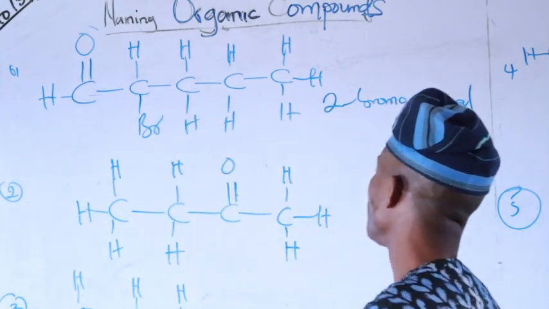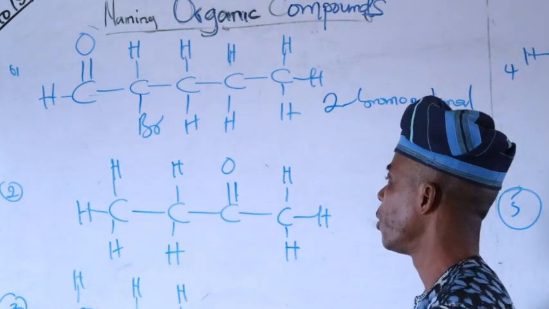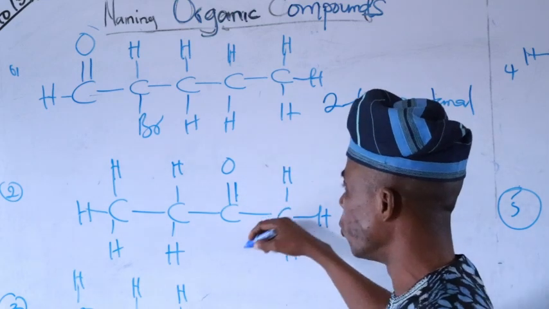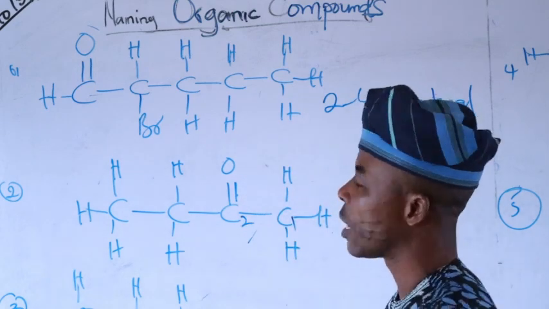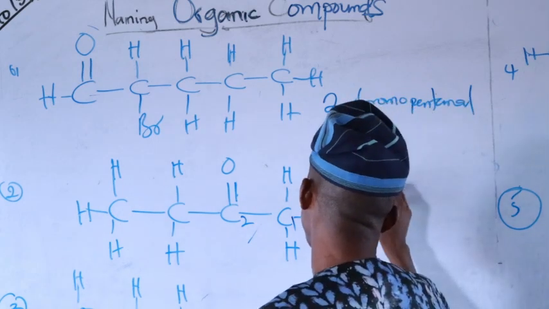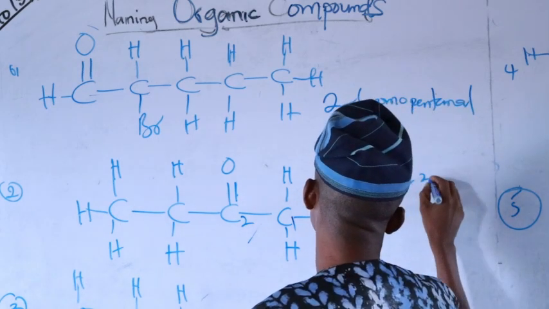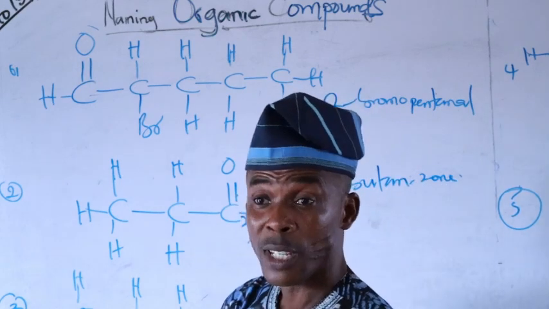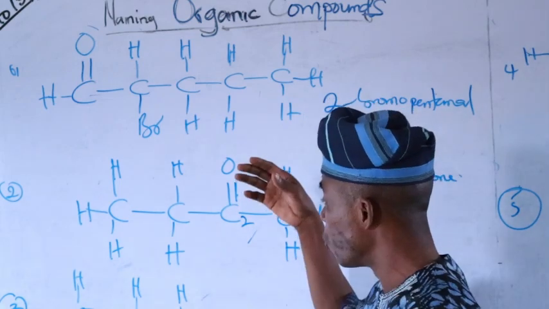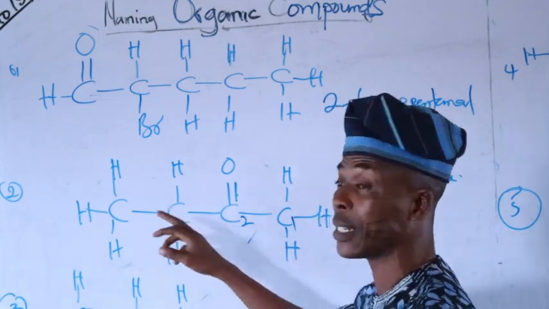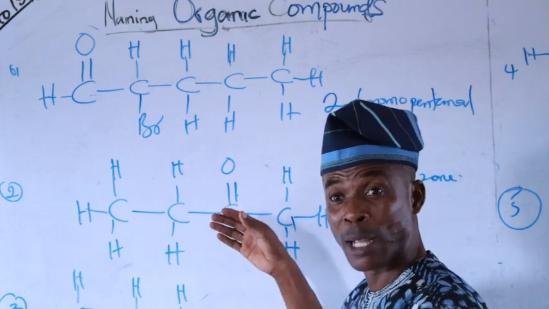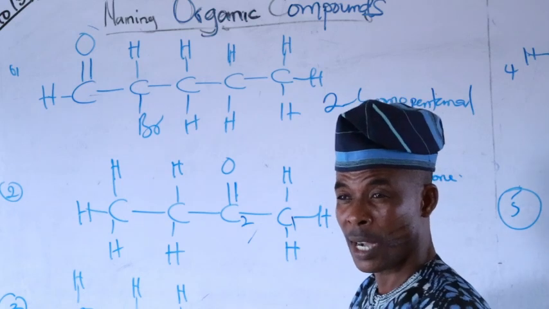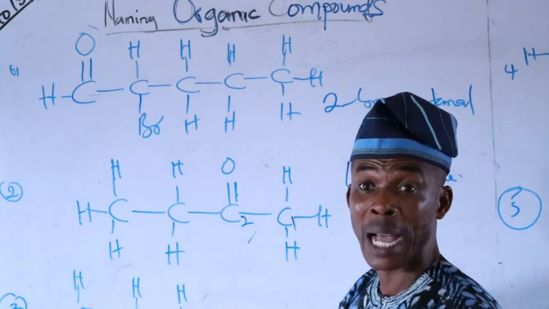Then the second one, you can say this is an alkanol, and you have the functional group at the second carbon. You can say this is butan-2-ol, or you can just say butanol, because the functional group can only move between this and this. If you start from here, it's butan-2-ol. If you start from here, it's also butan-2-ol. So you can simply say butanol.